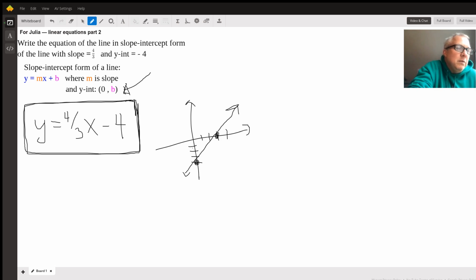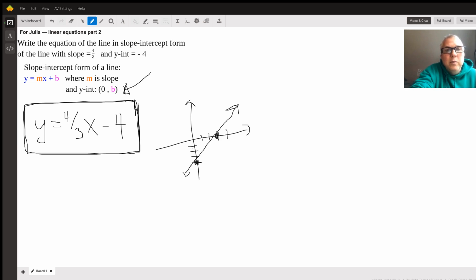There are other interesting forms for linear equations. There's something called point-slope form, which is less commonly used, but it's a pretty useful form for a linear equation. We have general form, which is what question number 18 was written in, and required you to do a little bit of algebraic manipulation in order to get it into slope-intercept form.